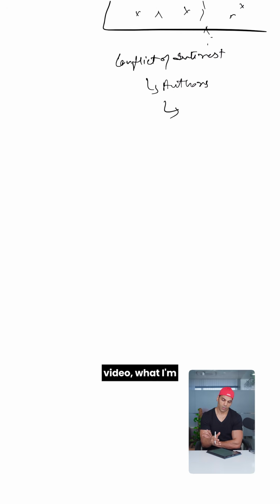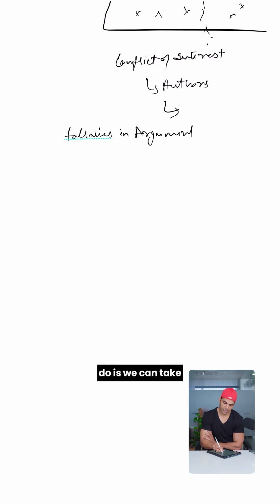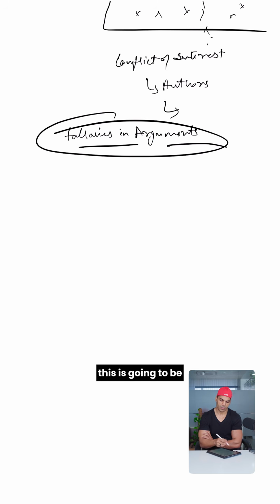Now in the next video, I'm going to talk about some major fallacies. We'll probably discuss fallacies and arguments, or maybe we can take it up next, or maybe next to next, I don't know, because this is going to be a chapter in itself. So fallacies, common logical fallacies, and then what we have learned so far, we'll apply that in actual studies.